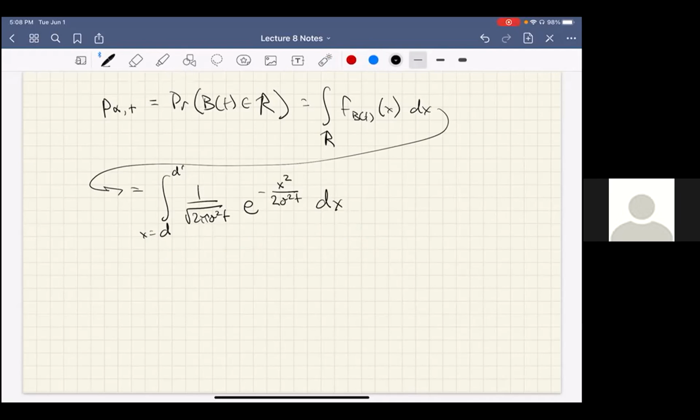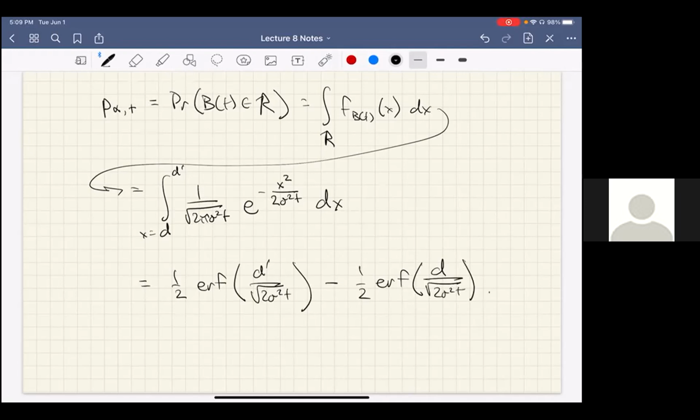And what this will end up being is 1/2 error function d prime over root 2 sigma squared t, minus 1/2 error function d over root 2 sigma squared t.